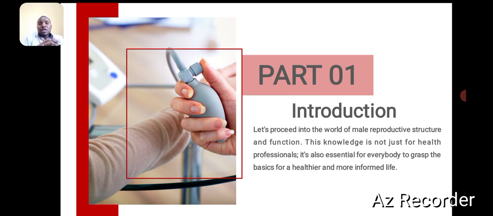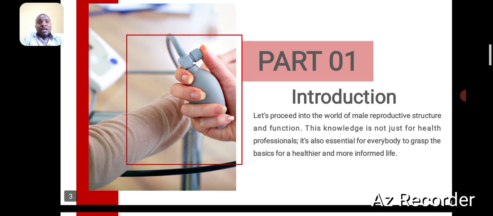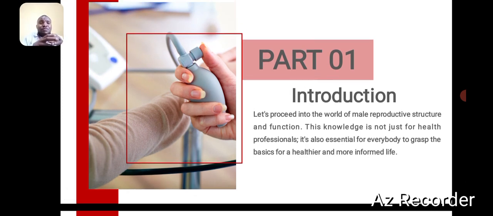This knowledge I'm about to share is not just limited to health professionals alone. It is also very important that everyone come to grasp the basics for a healthier and more informed life as it relates to male reproductive health.